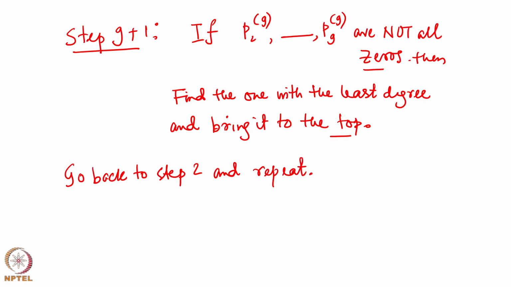what essentially happens is that once again the degree becomes smaller. The degree will become strictly smaller than the top polynomial, which was strictly smaller than the one I had started with, namely P1 tilde.